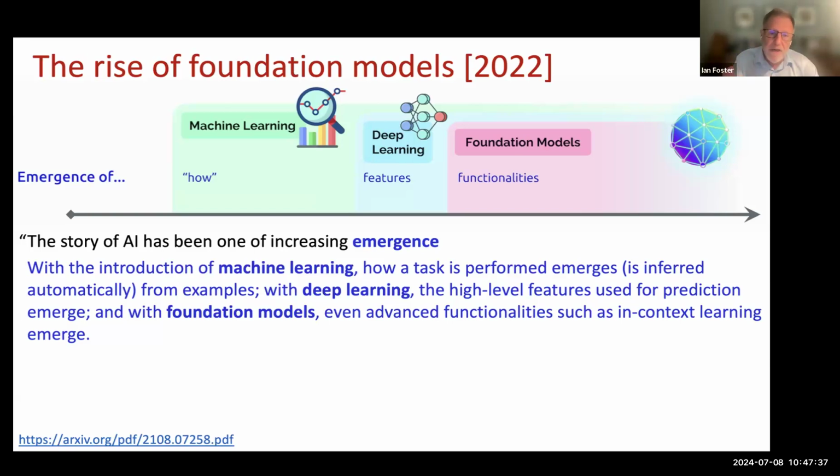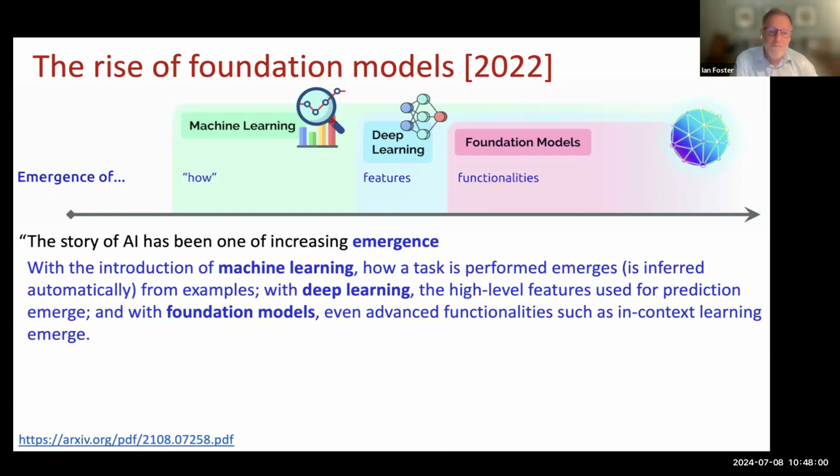And then deep learning emerged. One way of thinking about the difference between deep learning and machine learning is that in machine learning, typically the user, the scientist, has to hard code the features that are going to be learned on. With deep learning, the features emerge automatically.